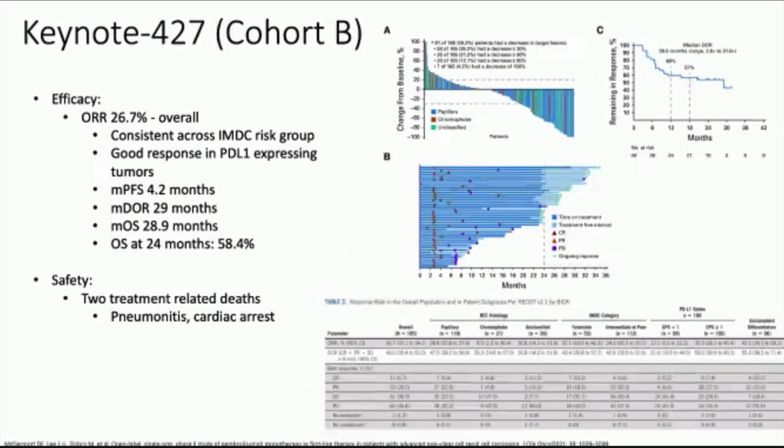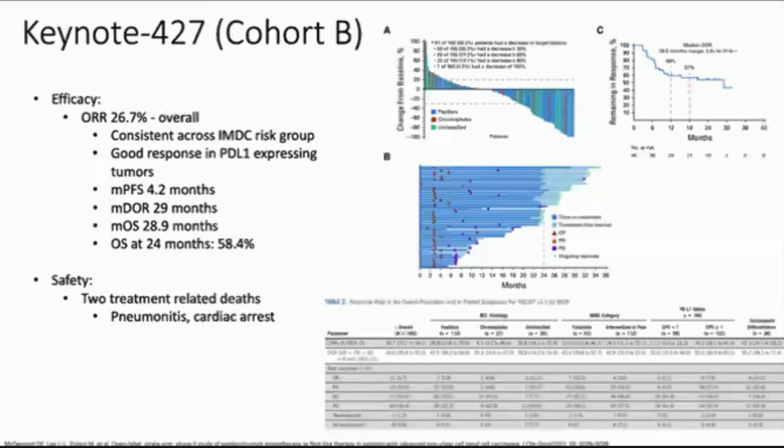In terms of efficacy, their objective response rate was 26.7%. And unlike the Aspen trial that we just discussed, they did not see any variability in response based on risk category. They also found that in patients with tumors expressing PD-L1, the disease control rate at 6 months following therapy was 50%.